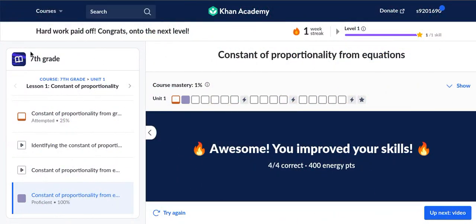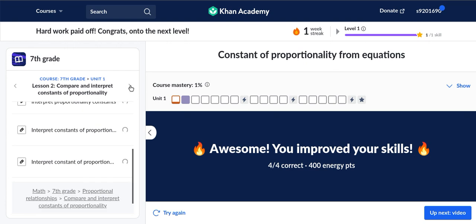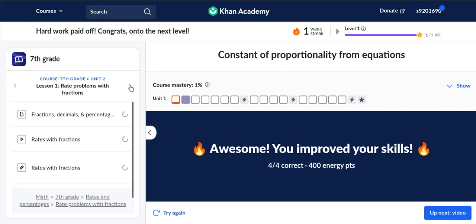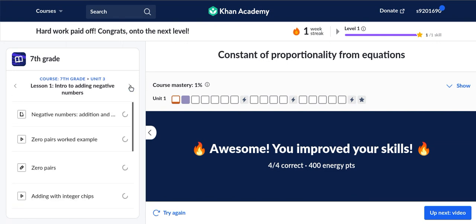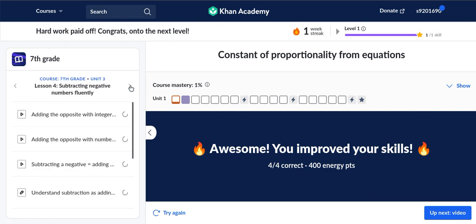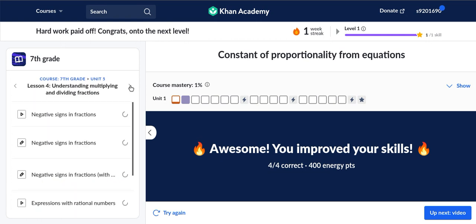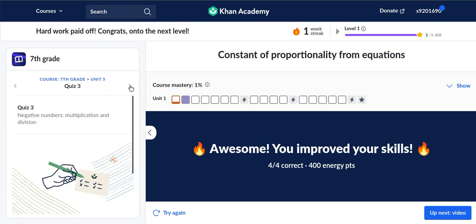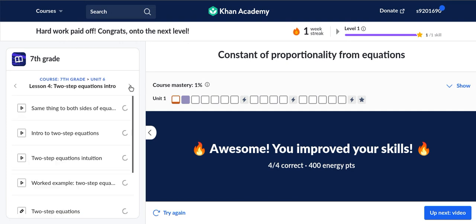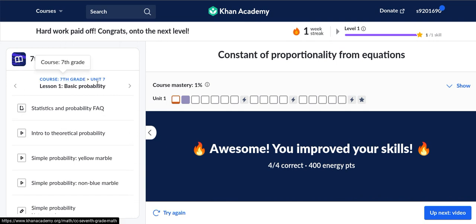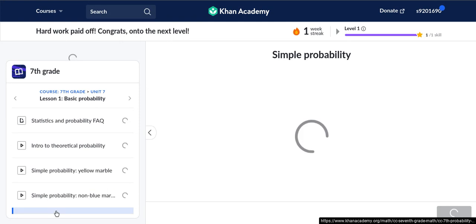So we're gonna go for our last lesson, which is probability.